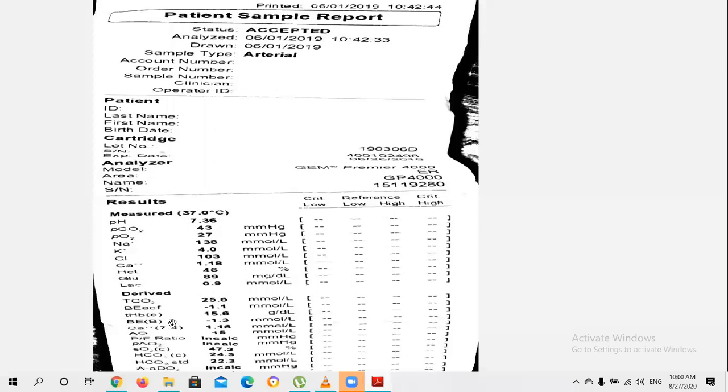Here we can know if the patient has any abnormalities, either respiratory or metabolic acidosis or alkalosis. So here we have the pH and carbon dioxide and oxygen and of course bicarbonate. These four components we should know very perfectly, okay?